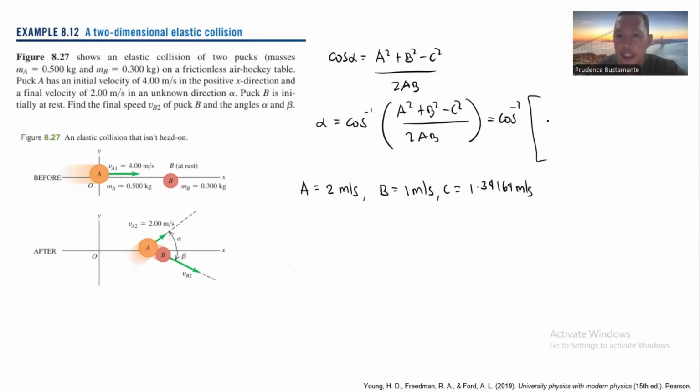So here we have 2 meters per second squared plus 1 meter per second squared minus 1.34164 squared, over 2 times 2 meters per second times 1 meter per second.